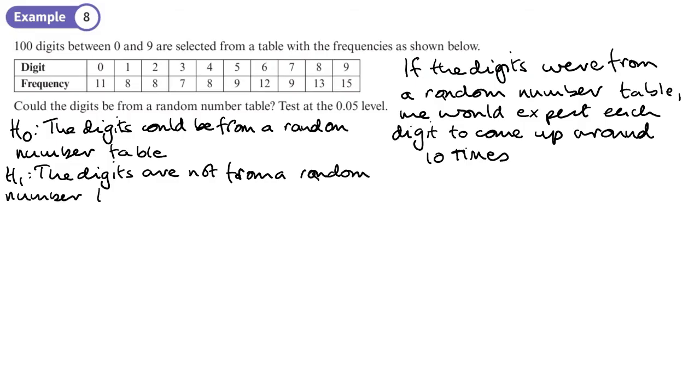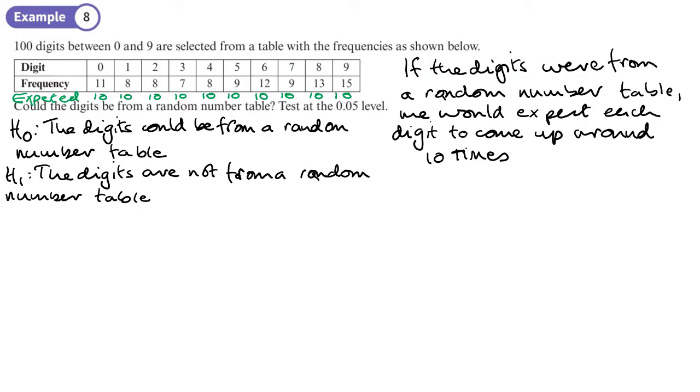So that's step one. Next step is to write down what the expected frequencies are, and they're all going to be 10. Down here, my frequencies above is what has been observed.